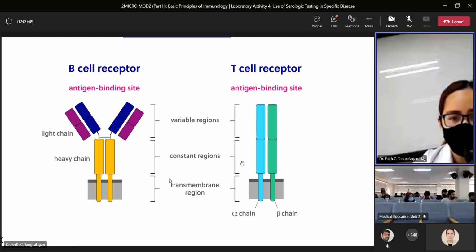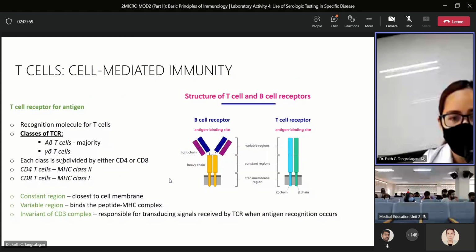But the difference also is that your T cell has the alpha chain and the beta chain, which is the most common, diba? The alpha beta T cells class is the majority present in our body. Okay, this kind of T cell receptors. So just familiarize the structure of your B cell receptor, your T cell receptor.